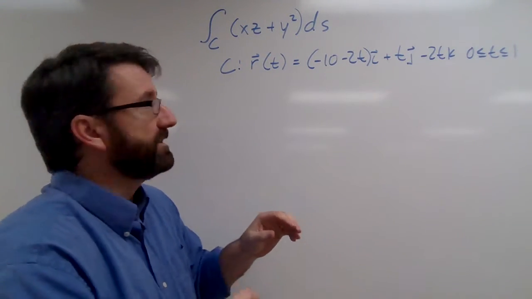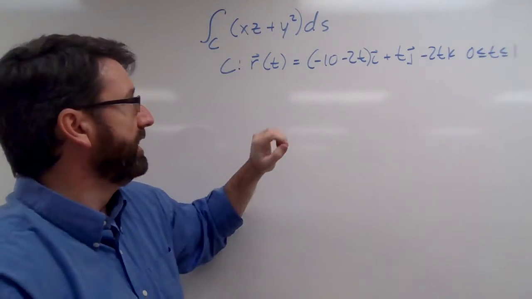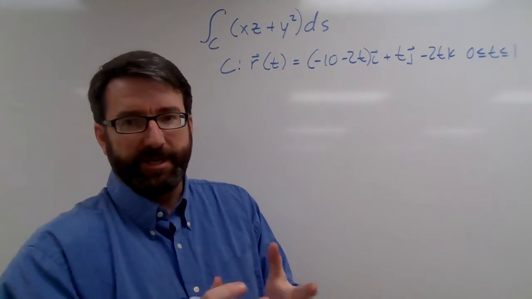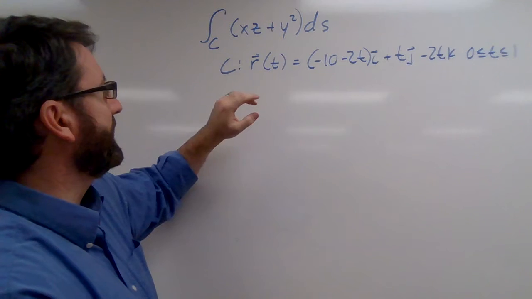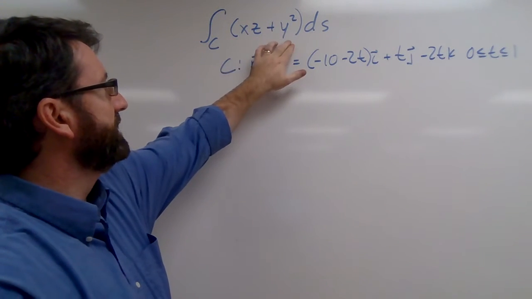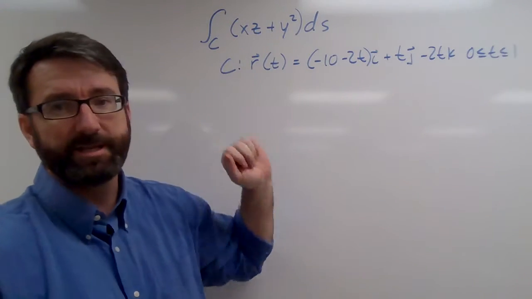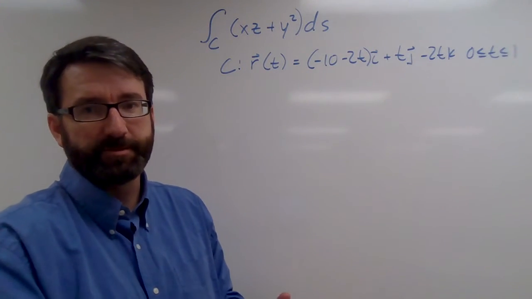All right, for this problem, we're asked to evaluate this line integral along this curve. To do this, what we need to do is put this expression, xz plus y squared, in terms of t.